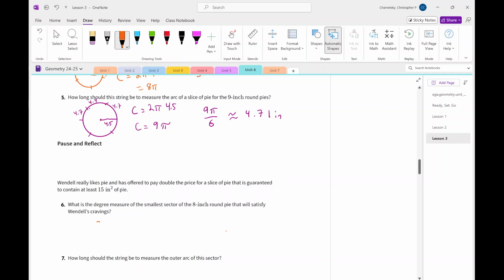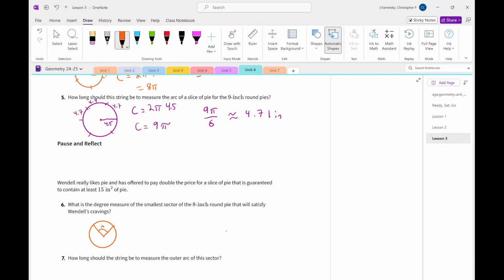Let's draw our pie here. Because we're not dividing into fifths, we're trying to figure out what this angle is. Call that n. What is that angle in degrees that's going to guarantee to give us 15 square inches of pie?